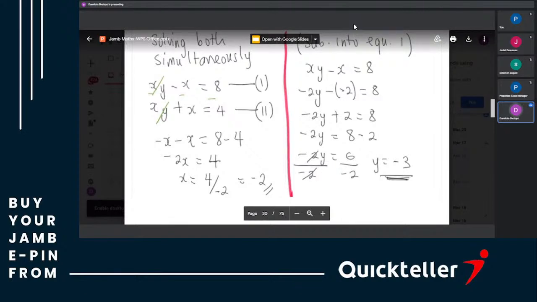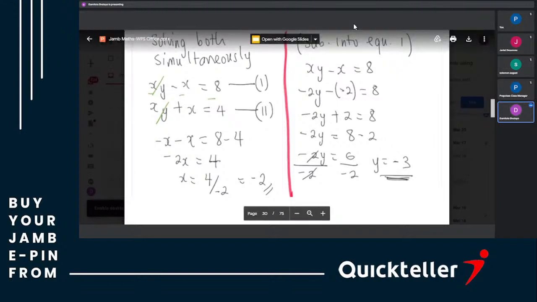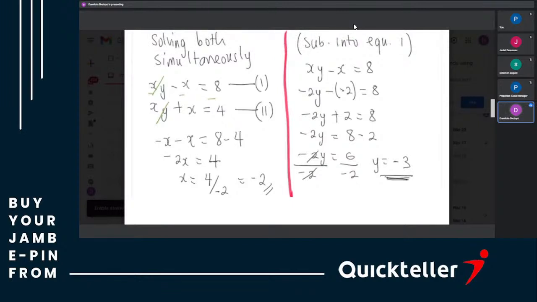Then minus x minus plus x, that will give me minus x minus x, minus 2x. 8 minus 4 is 4. Dividing both sides by minus 2, I'll be having x equals 4 over minus 2. 4 over minus 2 is minus 2, and that's my x.